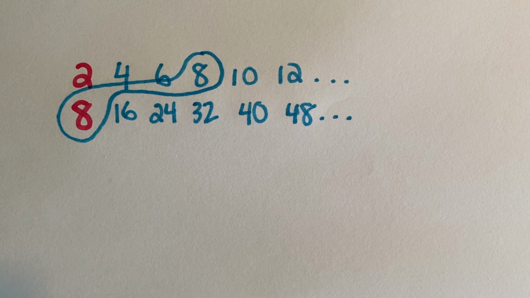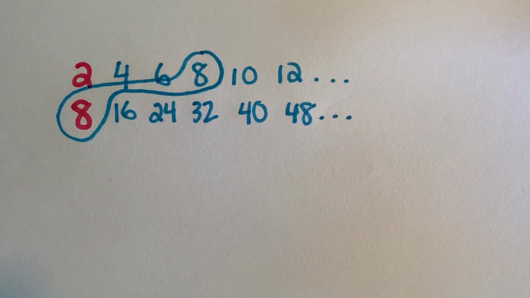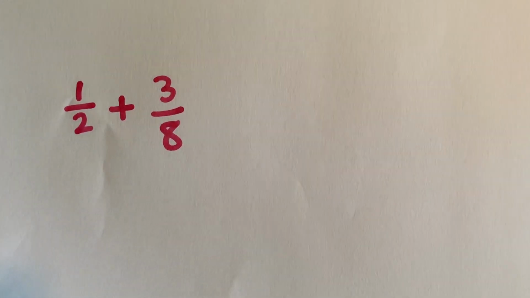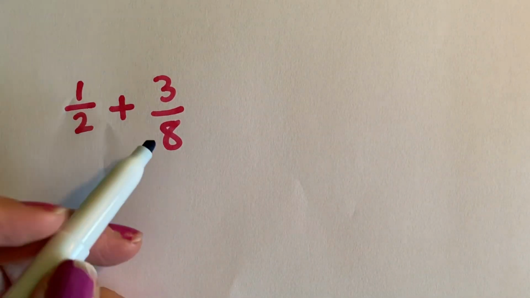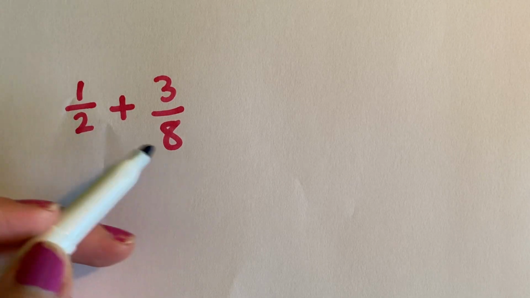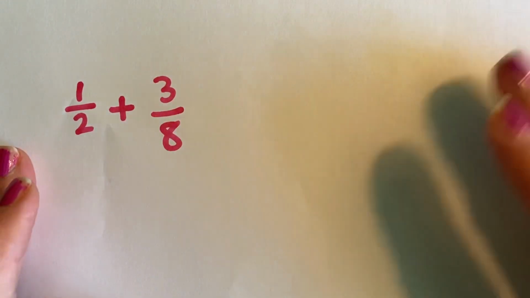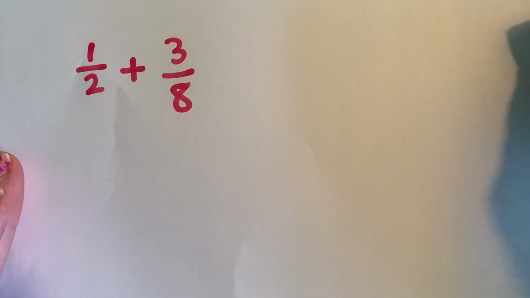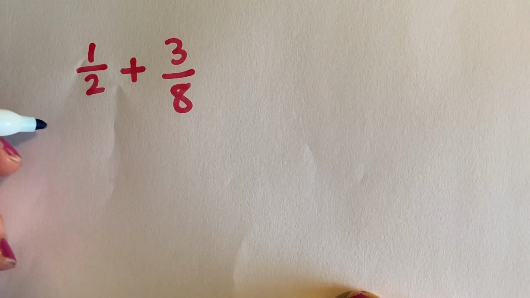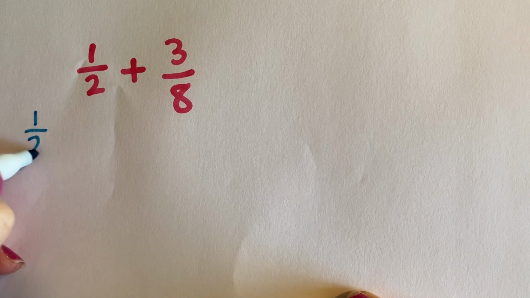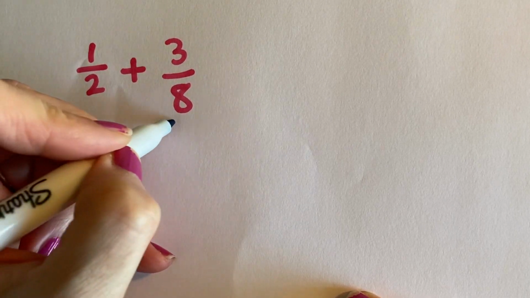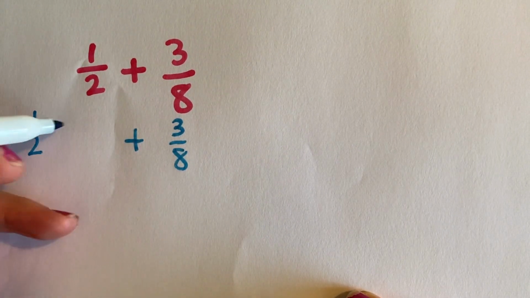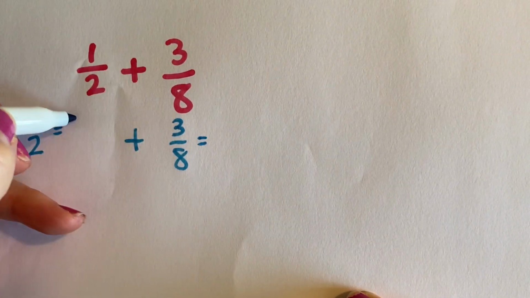So I have an example here where I have 2 and 8 as my bottom. So I have 1/2 plus 3/8. Now I know you can make your common denominator 16. You sure could, and it'll all work out just fine. But if you're looking to keep your numbers smaller, you could bring your half here plus 3/8 equals.